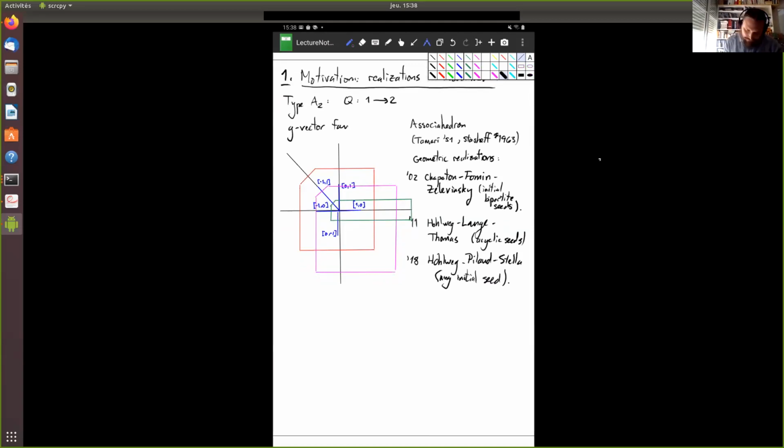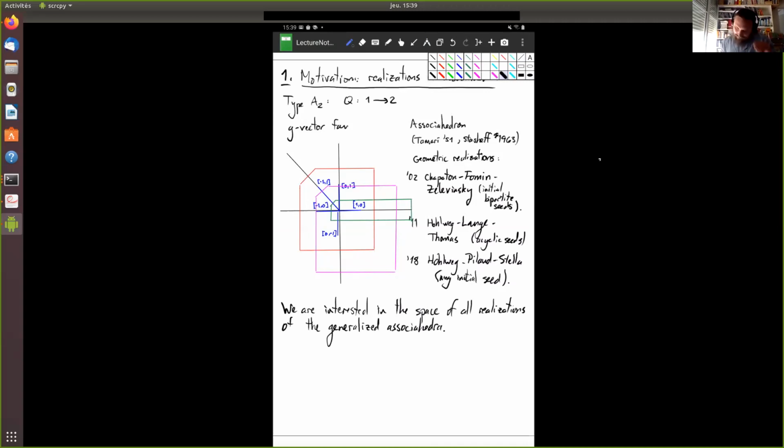Okay, so we are interested in the space, whatever that means for the moment, in the space of all realizations of the generalized associahedra. I'll define precisely what this space is and what I mean by realizations just in a moment.